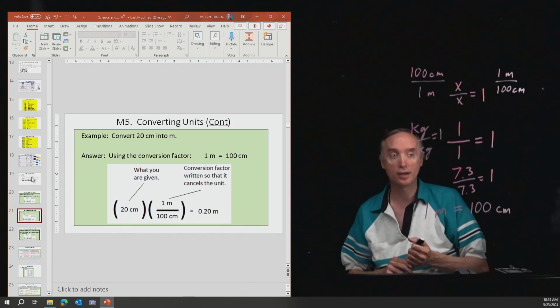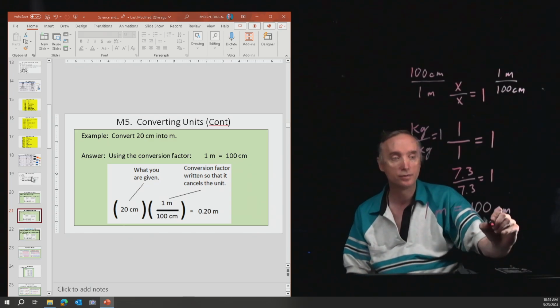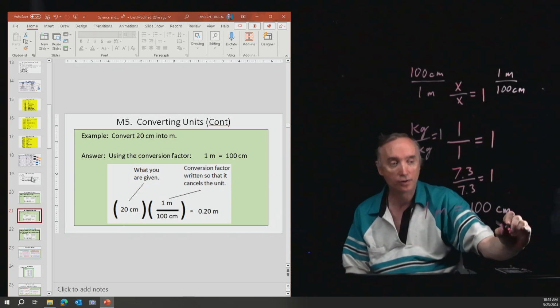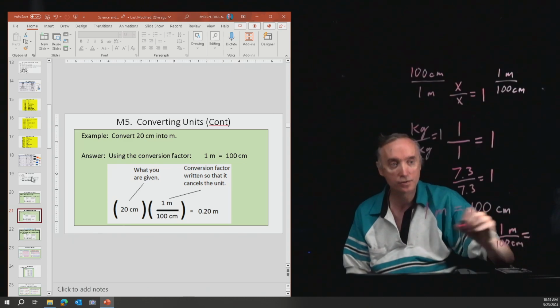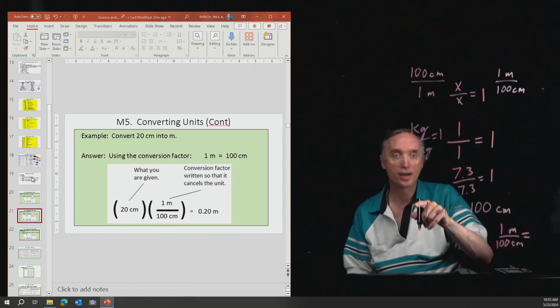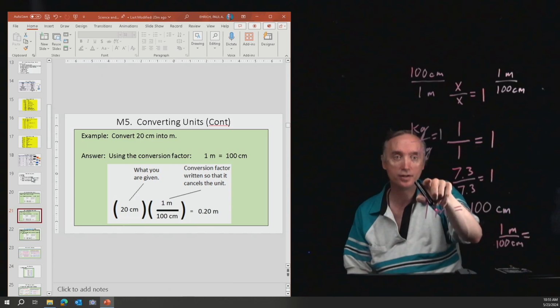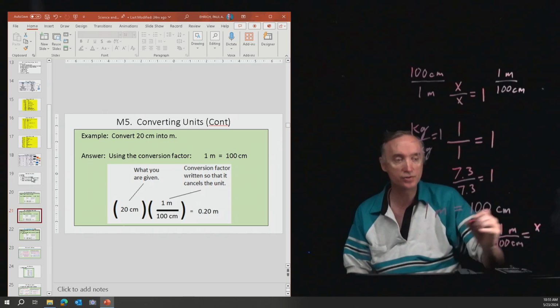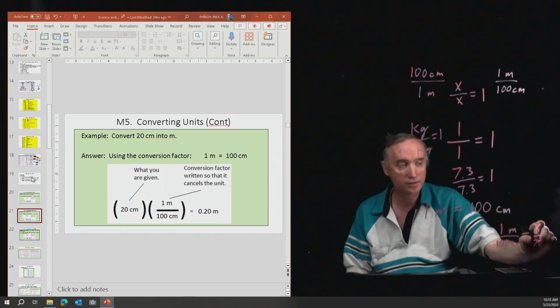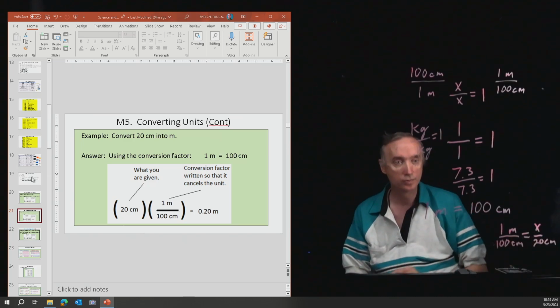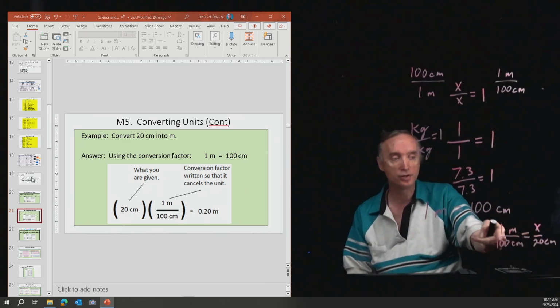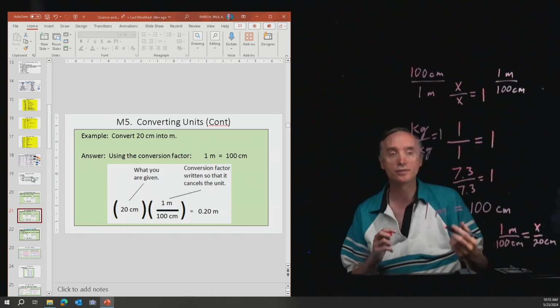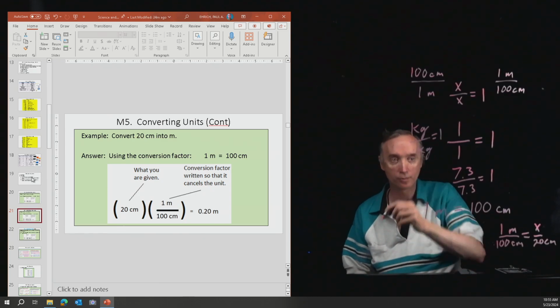We could make up a proportion and say that 1 meter is to 100 centimeters as X, how many meters we're trying to convert into, is to 20 centimeters. And there's a proportion, and you could solve that for the letter X, and you would get the exact same answer that you would get with the parentheses.